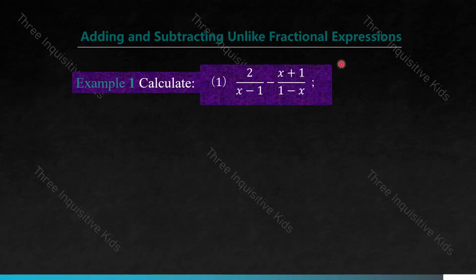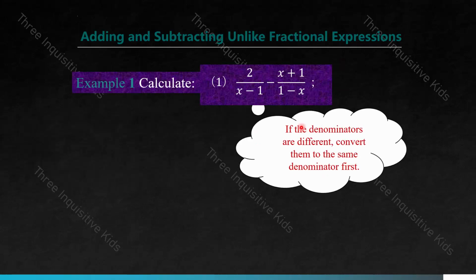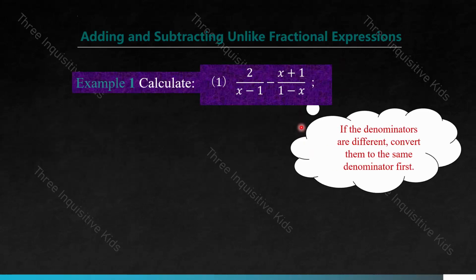Calculate this problem right here. We can see that the denominators are different. So first we have to turn them into the same denominator. The original equation would be equal to 2 over x minus 1 plus x plus 1 over x minus 1.